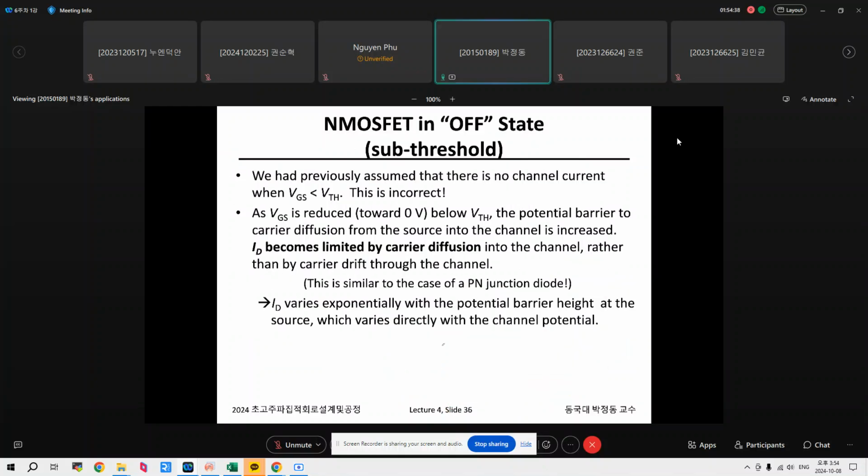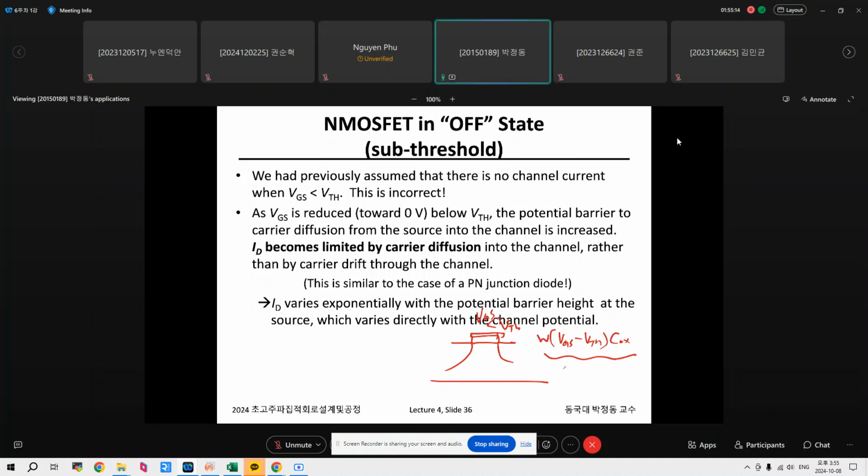So, MOSFET in off state. If the MOSFET gate source voltage is less than threshold voltage, in our previous model, if VGS is less than V threshold, then there is no channel at all, because this is the total charge in the channel.